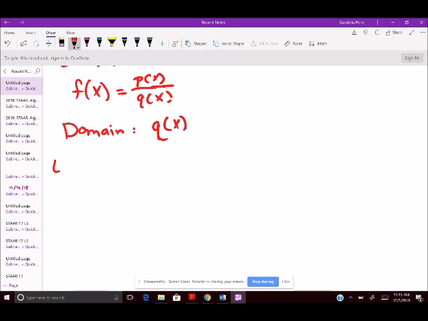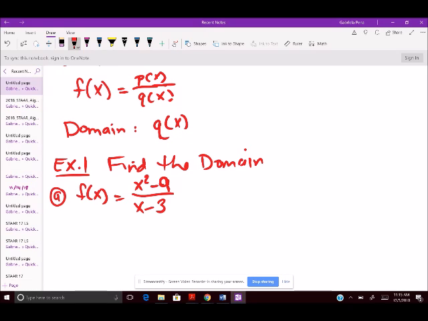Now, here's the first example. So find the domain. And only problem number 1 from your assignment deals with this. The first problem that we're going to be working with, so f of x equals x squared minus 9 over x minus 3.